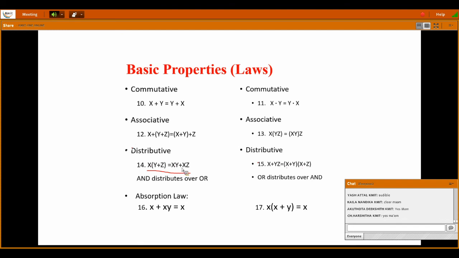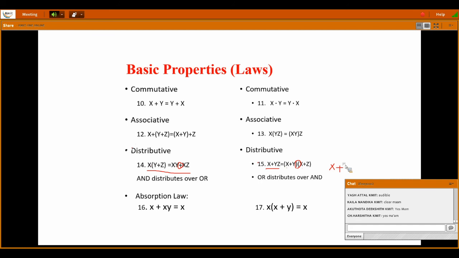But internally the distributing part is what here? Plus. But here, if you see, the distributing term is AND, and the term which is taken as a common term is OR. If you want to apply the distributive law to this expression, how do you write this?